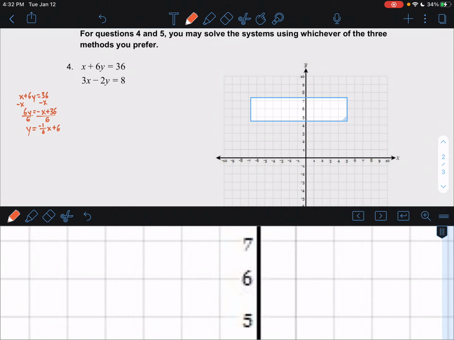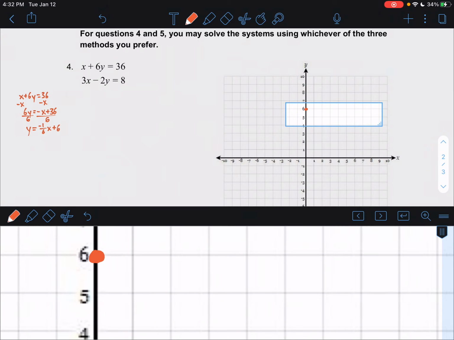So it has a y-intercept of 6 and a slope of -1/6. So the rise over run is -1/6, meaning I'm going down 1, right 6. So I'm going down 1 and right 1, 2, 3, 4, 5, 6, which takes me to this point, 6, 5.